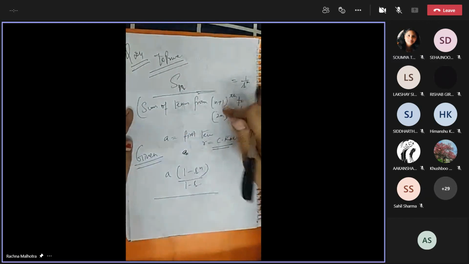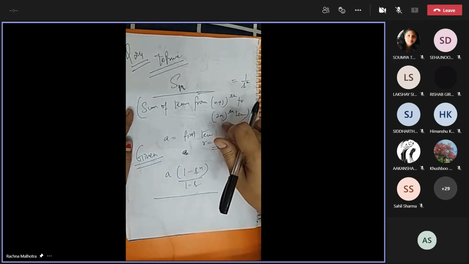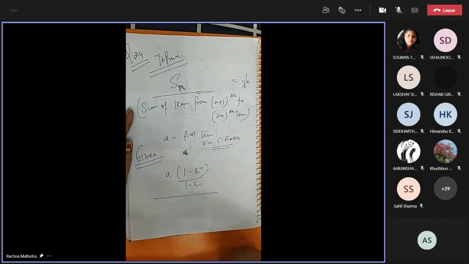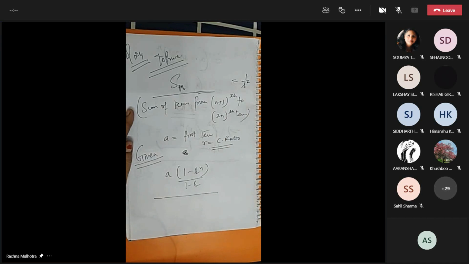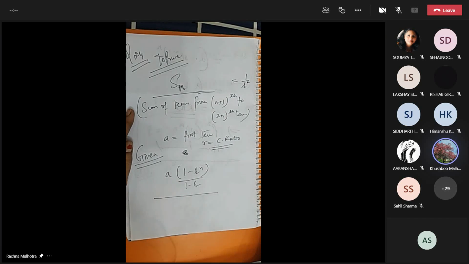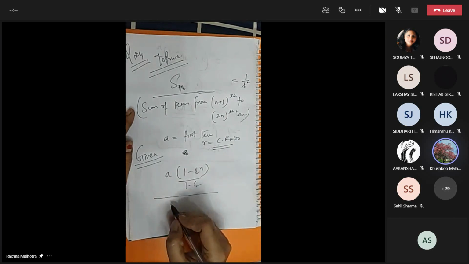What about this one, n plus 1 to 2n terms? How will we find these out? If we put 2n minus n plus 1, then we'll get a total of n plus 1 terms.